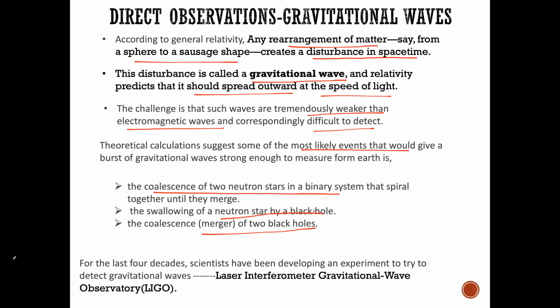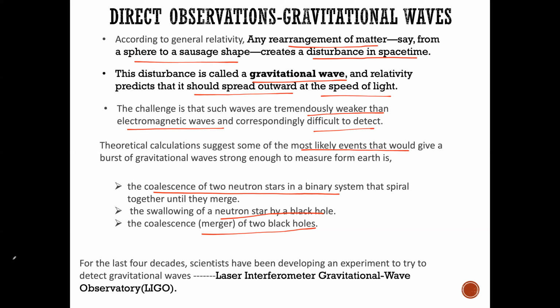If you need to detect gravitational waves, the masses involved in these mergers should be maybe two black holes, or a neutron star and a black hole, right? So the masses should be very huge.